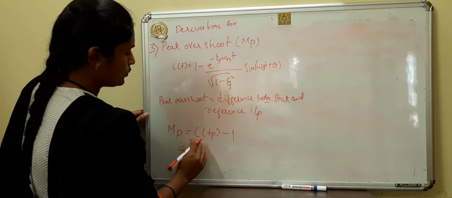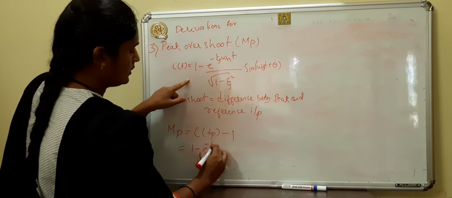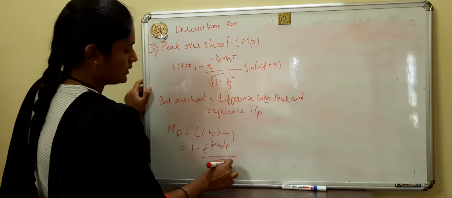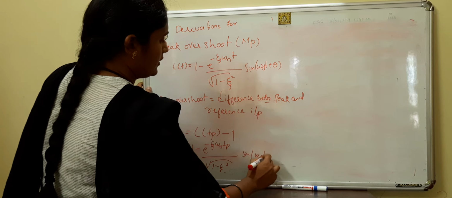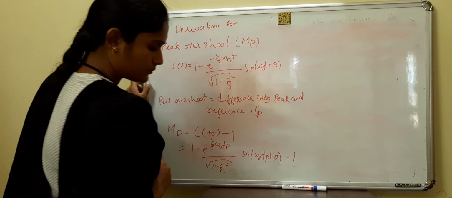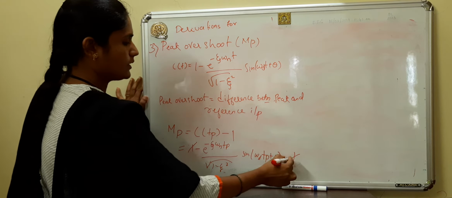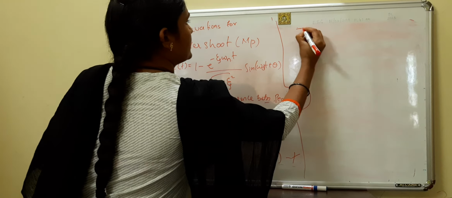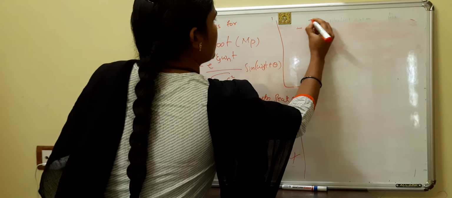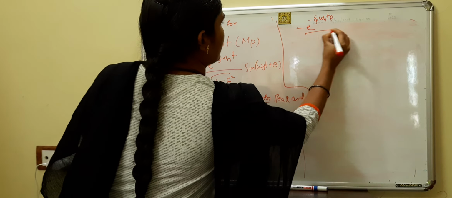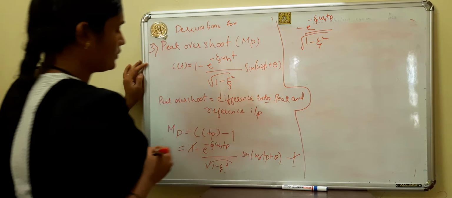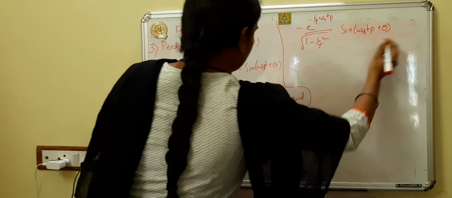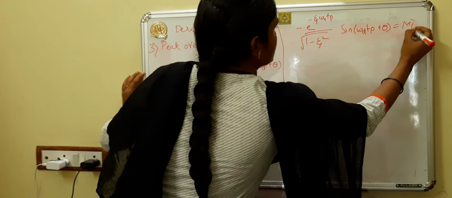So what is c of tp? It is 1 minus e raised to minus zeta omega n tp divided by square root of 1 minus zeta square, sin of omega d tp plus theta, minus 1. The 1 and the minus 1 get cancelled, so minus e raised to minus zeta omega n tp divided by square root of 1 minus zeta square, sin of omega d tp plus theta, which is equal to the peak overshoot Mp.